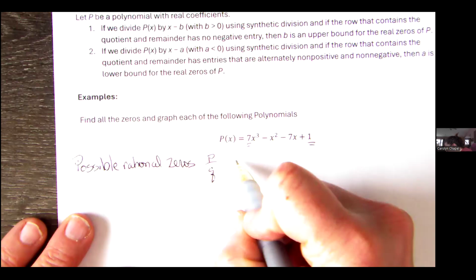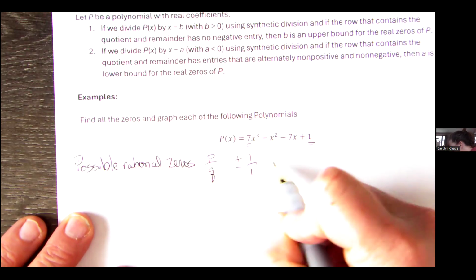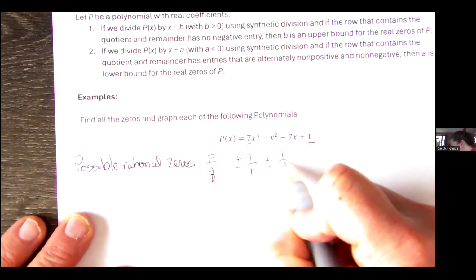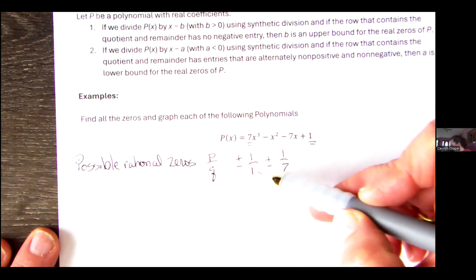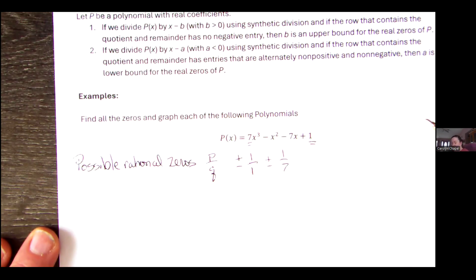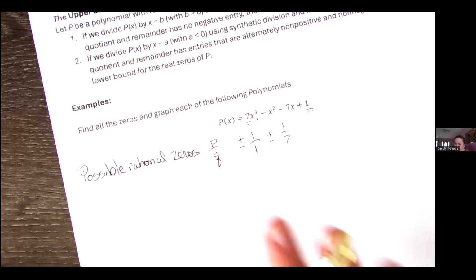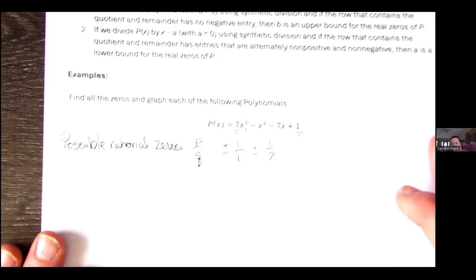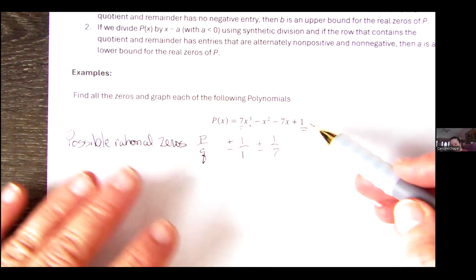So our possible rational zeros are both plus or minus 1 over 1 and plus or minus 1 over 7. You can see the P coming from the 1 and the Q coming from that leading coefficient 7. And we're just going to randomly check to see if we can find some. And then we're going to do some synthetic division to reduce our polynomial down.